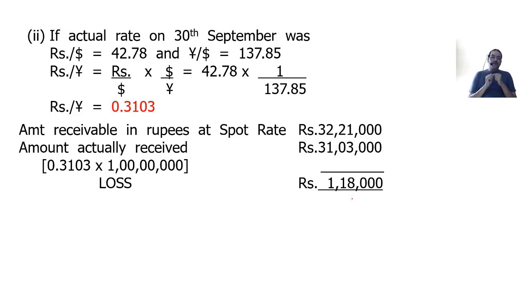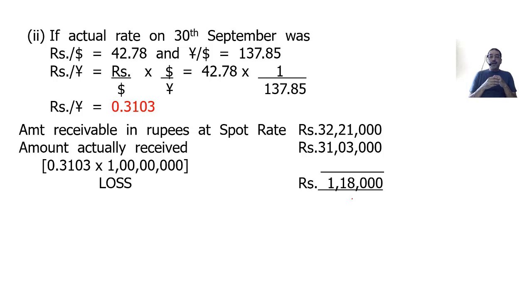Now the question is, if I had taken a forward cover, is that justified? Because the actual rate is now 0.3103. So did I make any benefit by taking a forward cover? Yes, because by taking a forward cover, my loss was 98,000. Now what has happened?